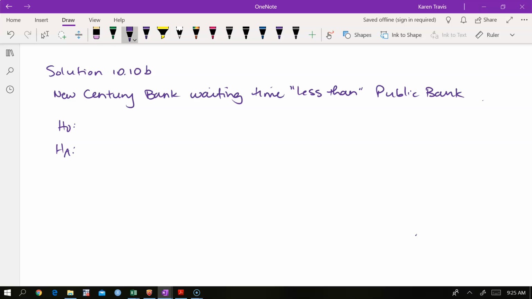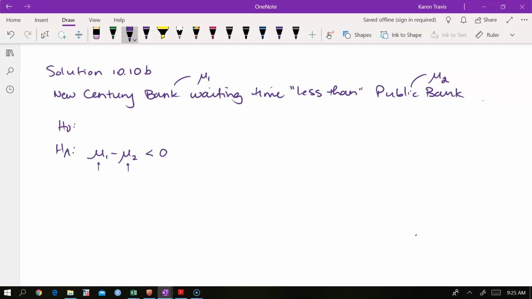Okay, so if Century Bank is group 1 and Public Bank is group 2, then when mu1 minus mu2 is calculated, it will be negative because this number will be smaller than this number, which turns it negative.